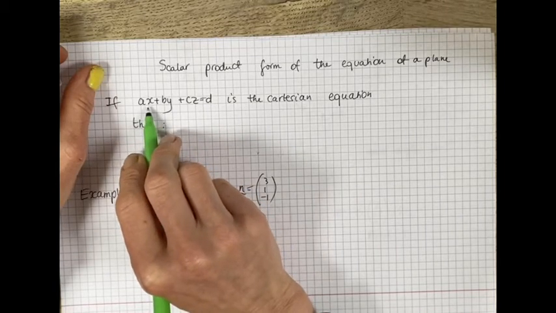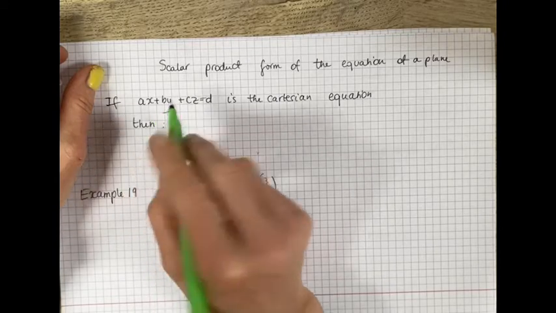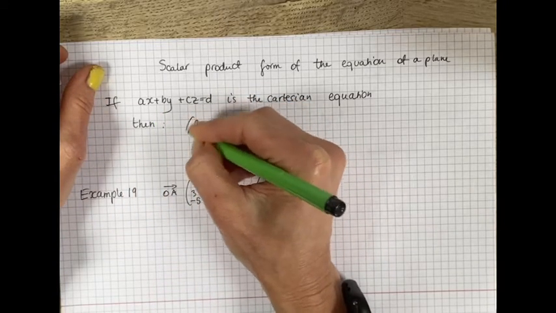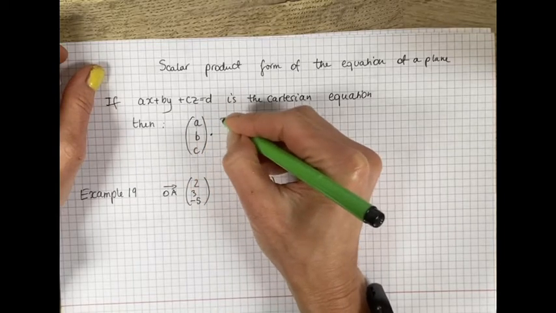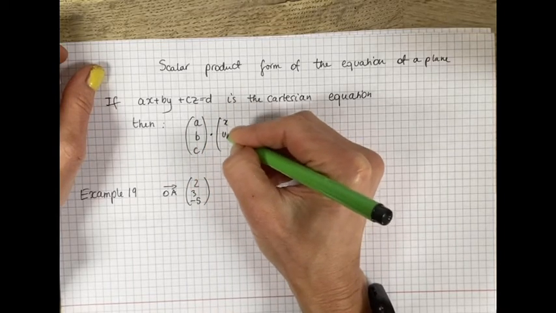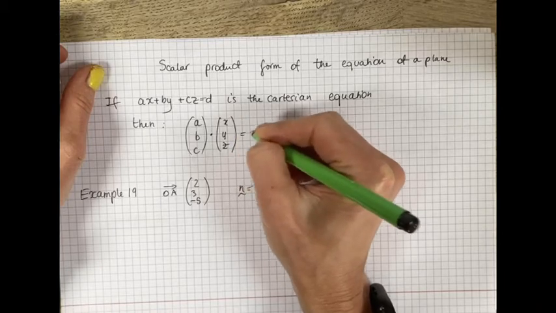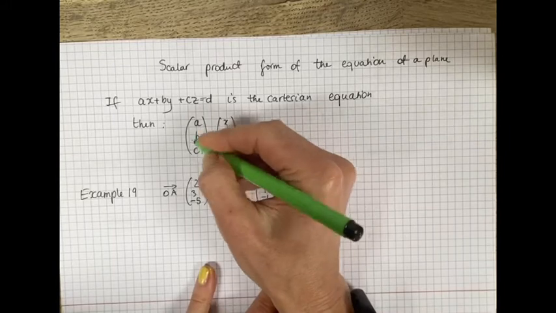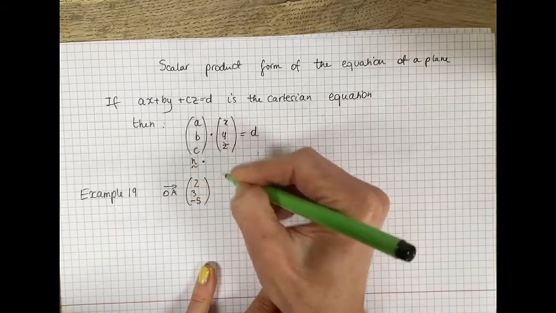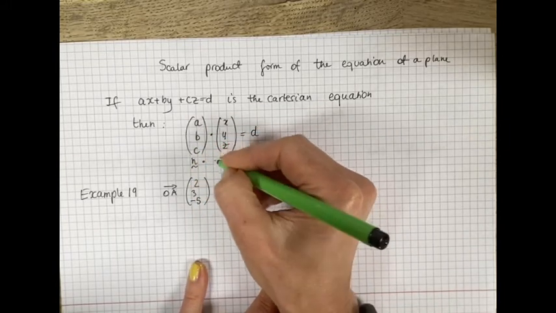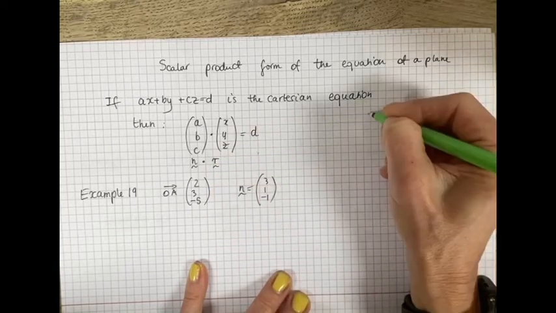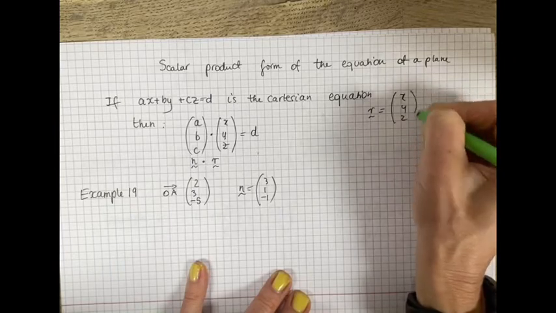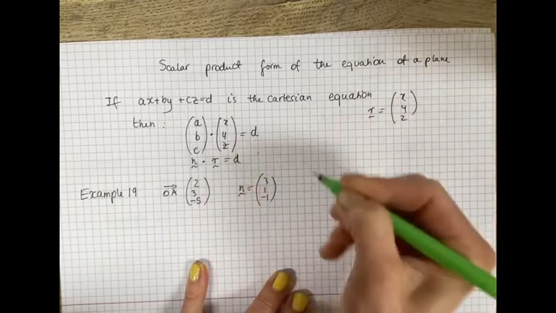So to get ax plus by plus cz, you may have had vector (a, b, c), which is our normal vector, dotted together with a general point (x, y, z), and you must have had an answer of d. Now, that's just normal vector times, now this here, you could just write a general point r. R is a general point (x, y, z), and that's equal to some value d.